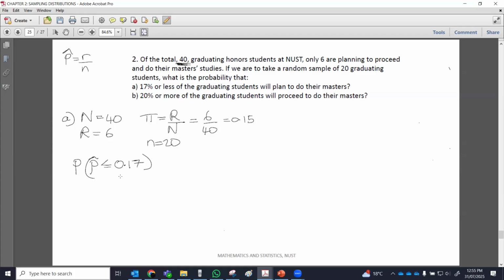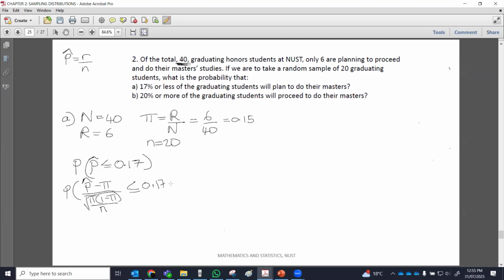Then the next thing to do is to standardize. So we have P, the probability. Then we say P hat minus pi over the square root of pi times 1 minus pi divided by n. Okay, and then we do the same thing on this side with 0.17 and we subtract pi.